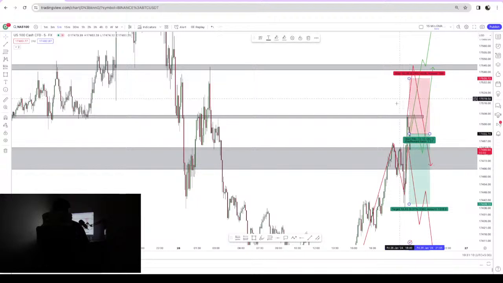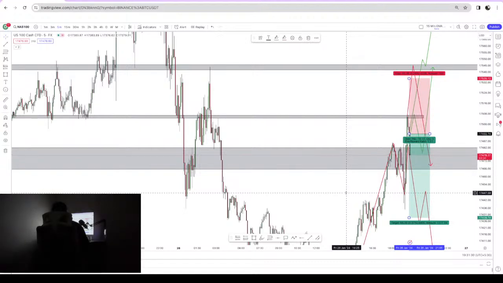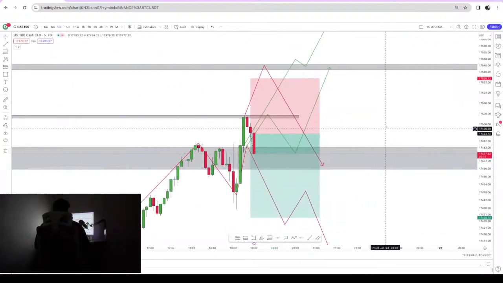I'll use this as a stop loss, $17,518. So if we lose this trade, we'll be losing around $84.